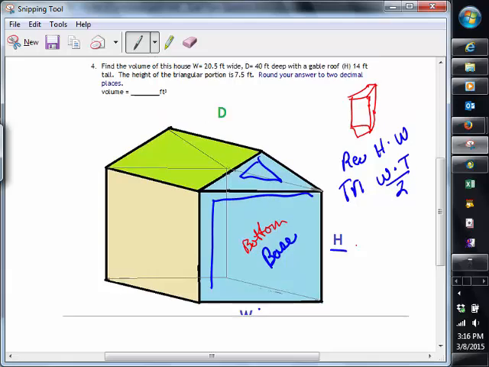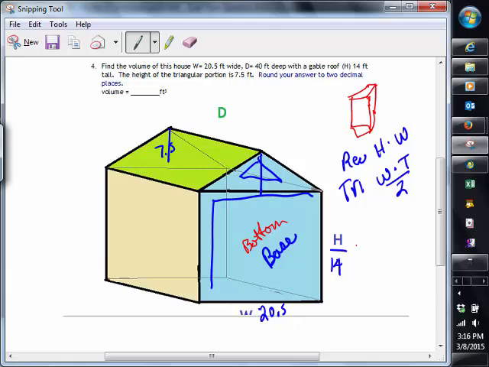Well, the problem says that this is 20.5, this is 14, this is 7.5, the height of the triangle, or this is 7.5, it doesn't matter which way you do that. Okay, so we're going to add those two together.